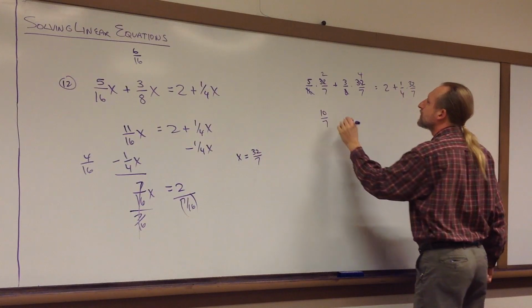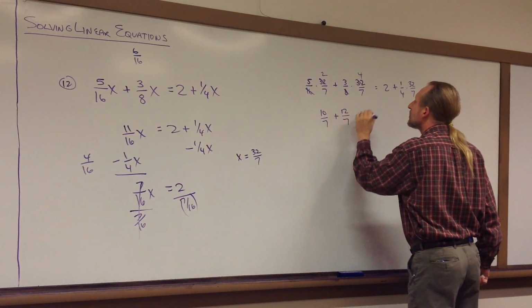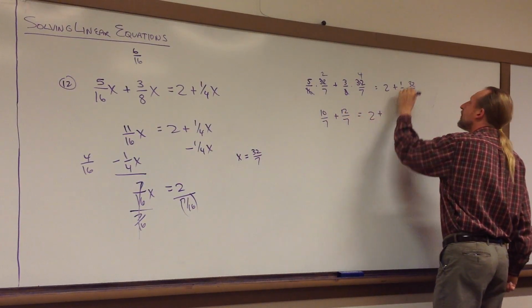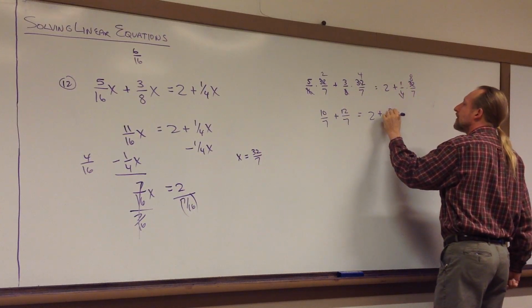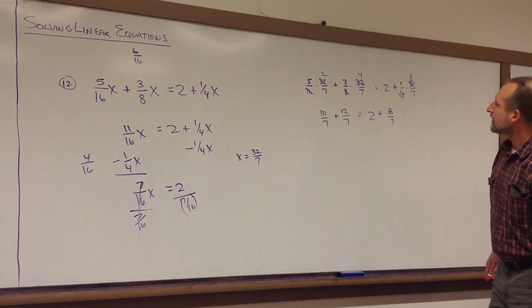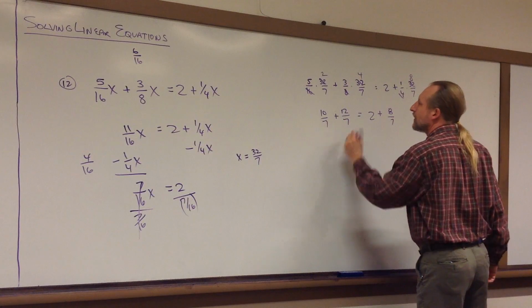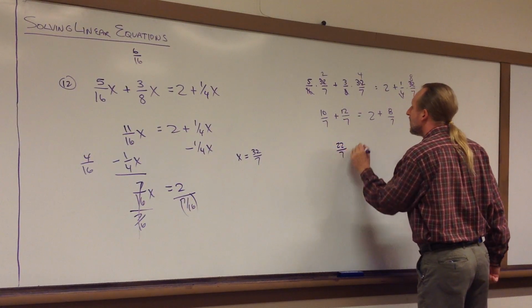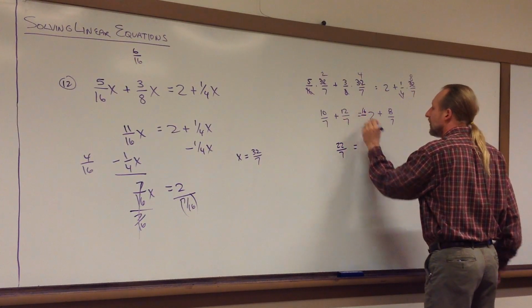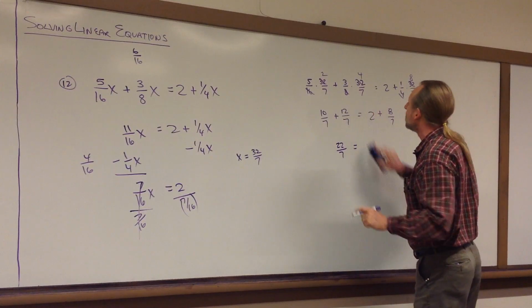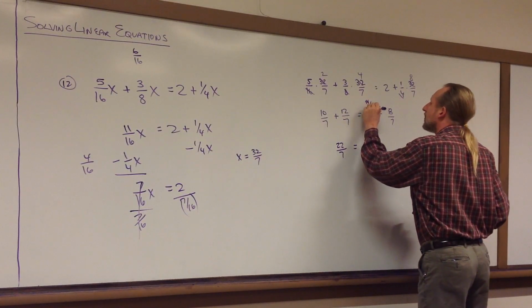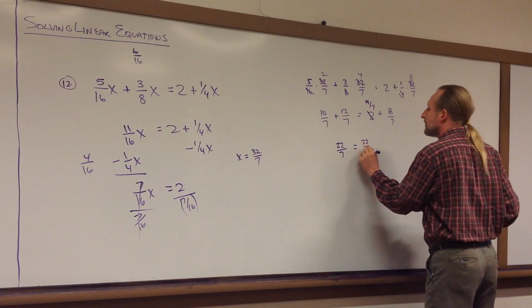There's what this is going to be, 12 over 7. 2 plus 8 over 7. All right, so what do we got here? This is 22 over 7. This one is 14 over 7. 14 and 8, 22 over 7.